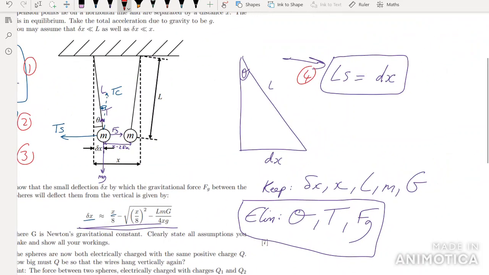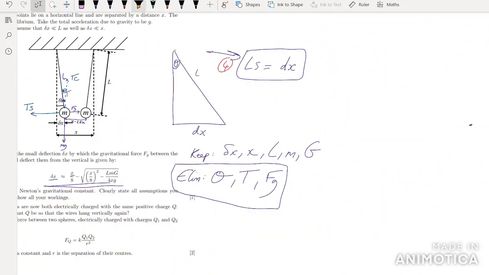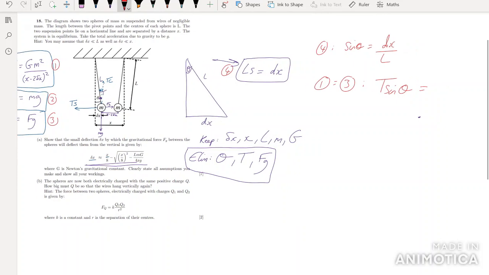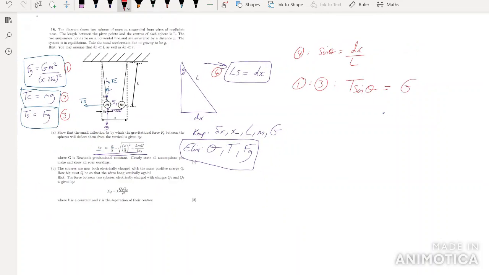So let's start by saying, okay, 4, we can say that that is sine theta equals delta x over L. And using 1 and 3, so 1 equals 3, we've got T sine theta equals gm squared over x minus 2 delta x squared.